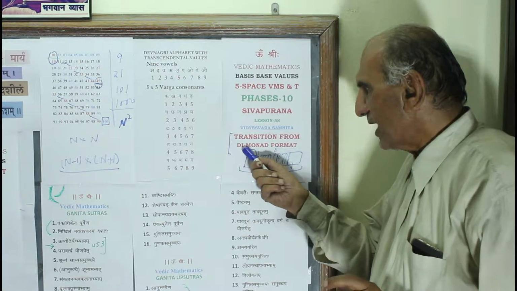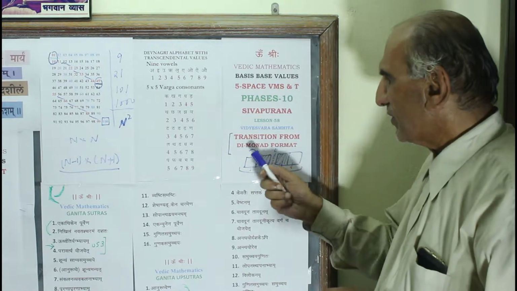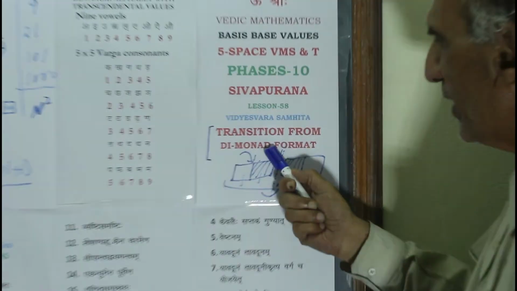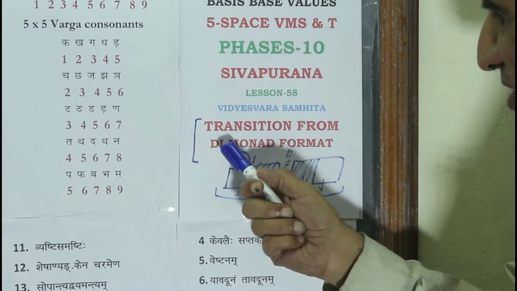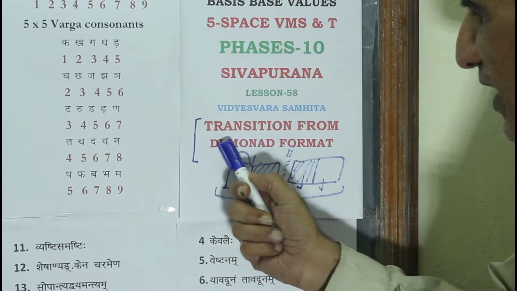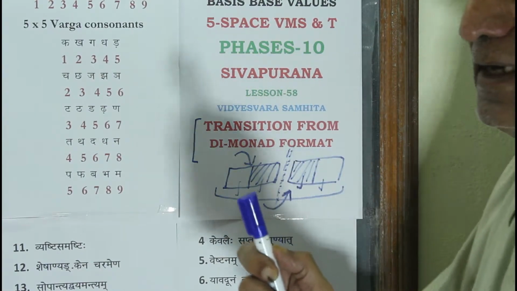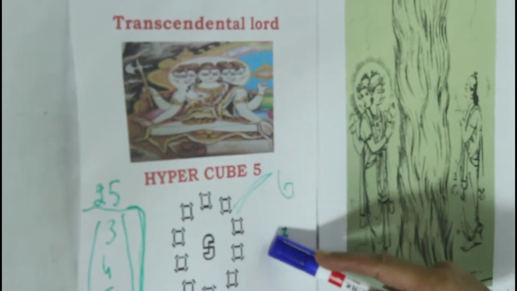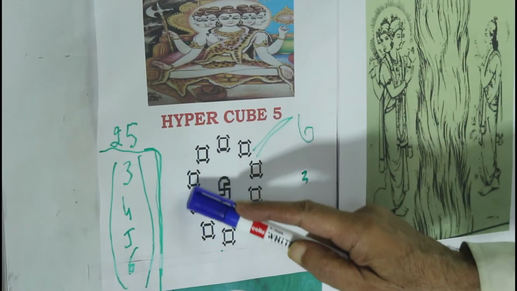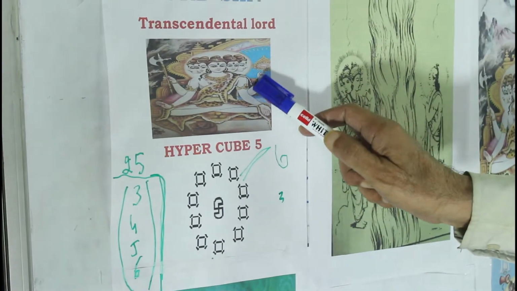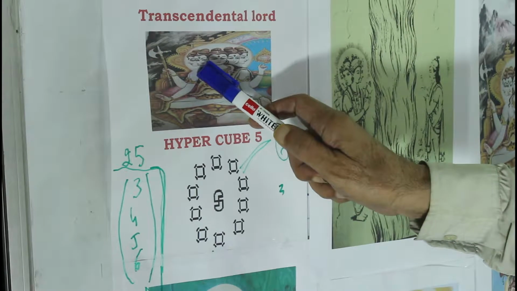So from diamond format, from the format of a head with a pair of eyes, we have to transit, and this transition in fact is to take us to the setup of a trimonad. The trimonad is the setup of 5 space of a transcendental domain. This transcendental domain is a solid order domain. This domain is presided by Lord Shiv, 5-head Lord with triple eyes in each head.